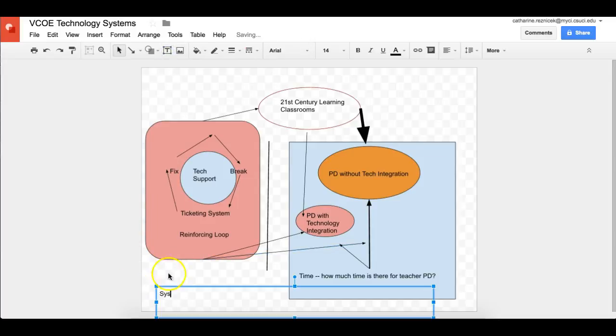so we need a system where technology is embedded in practice, not just an add-on.